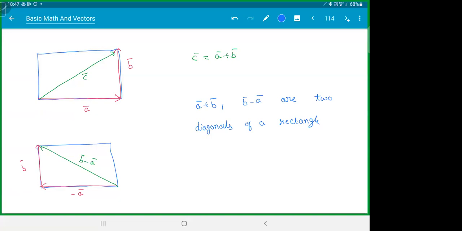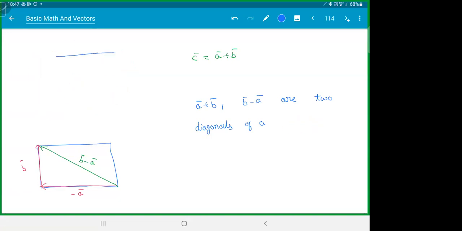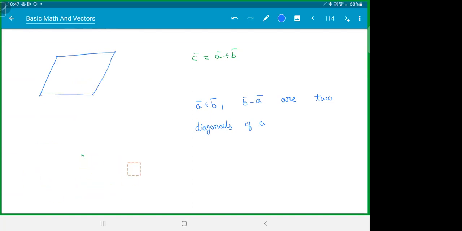Clear with that? Actually, you can make it even better. Parallelogram. We will see about this later on in more detail, but for now, just have an idea like this. You could have gone like this also, A bar, and this is minus B bar.